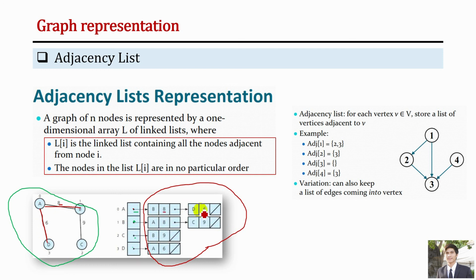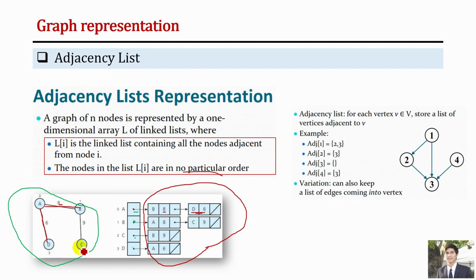This is a linked list. Each element here is a linked list, and then you can have the head and then insert at the beginning or insert at the end, depending on your implementation. And we also have A to D, so there's a connection here. Remember, there is no particular order. You can freely insert at the beginning or end.